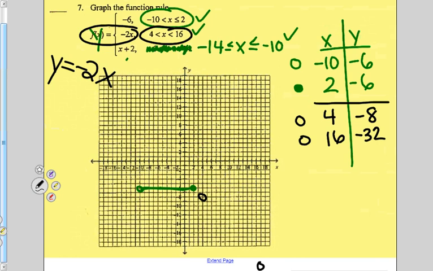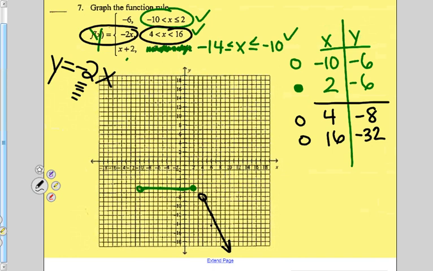They didn't give you a good grid. But if I'm trying to graph this, what should the slope be? So what you could do is go down 2 over 1, down 2 over 1, down 2 over 1, and make a line that goes like that. Sorry it's off the screen, but it's going to be way down there at 16, -32. All right, so that's what that second piece looks like.